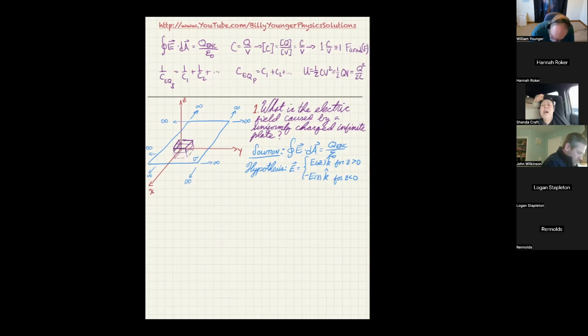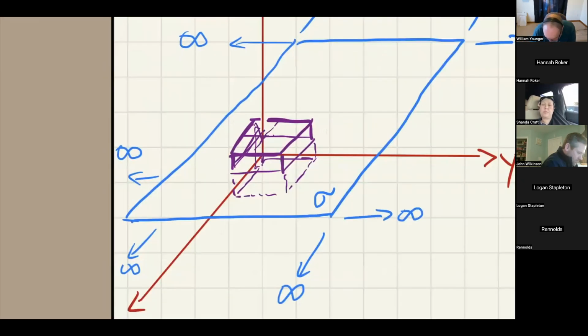And what I'm going to say is, if we look at this little rectangular slash square box, the area of this top is just an area A. Of course, it's a cubic or rectangular box, so that means the surface within the box is also an area A, meaning the surface of the infinite plane that's in the box is an area A.